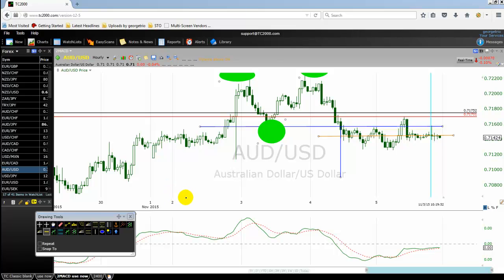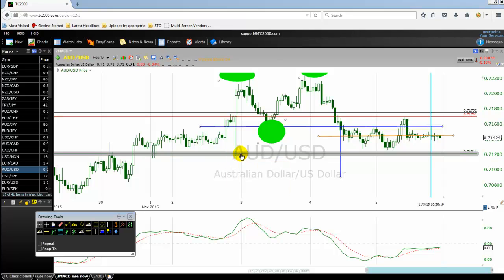Therefore, I will set my limit at 7121 to take the first profit. For the second trade that we took at 7161, I'm going to set a limit order there. Leave it there. If the price hits that level of 7121, the trade will be automatically closed.